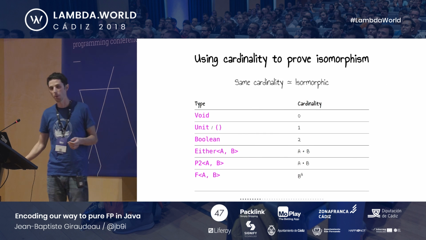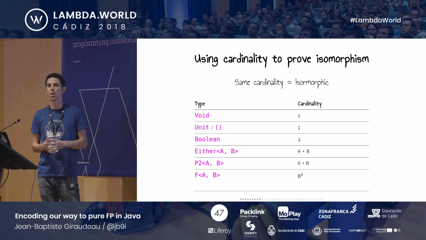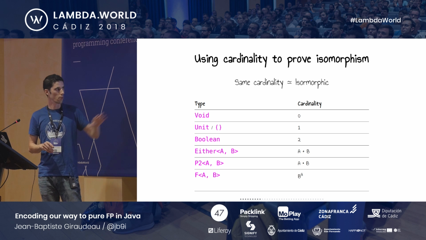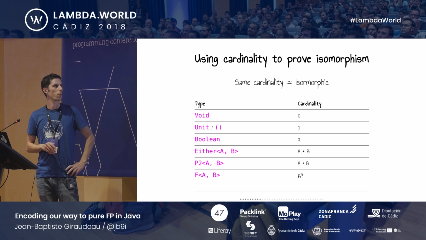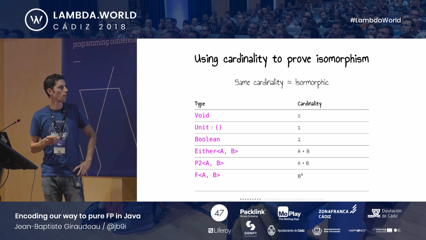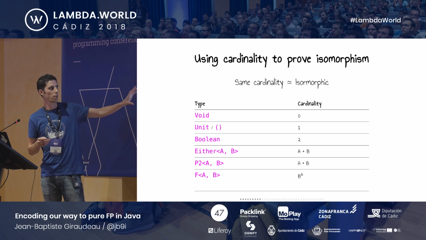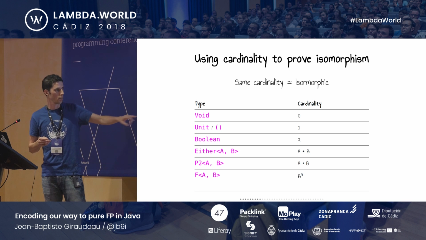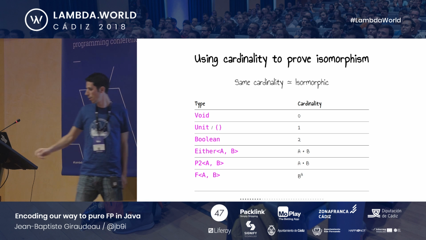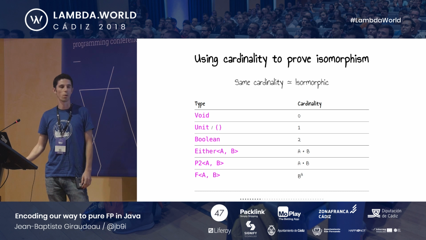Two types are isomorphic if they have the same cardinality. So here is a quick recap of the cardinality of basic algebraic data types. In particular, functions. As you can see, the number of implementations of a function of a particular signature can grow quite fast.